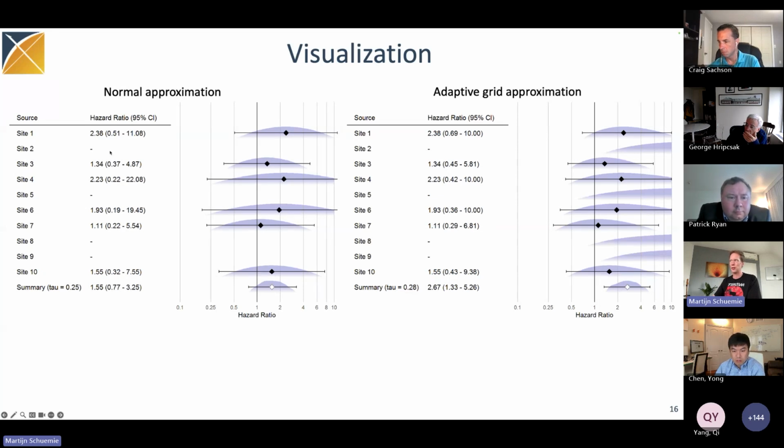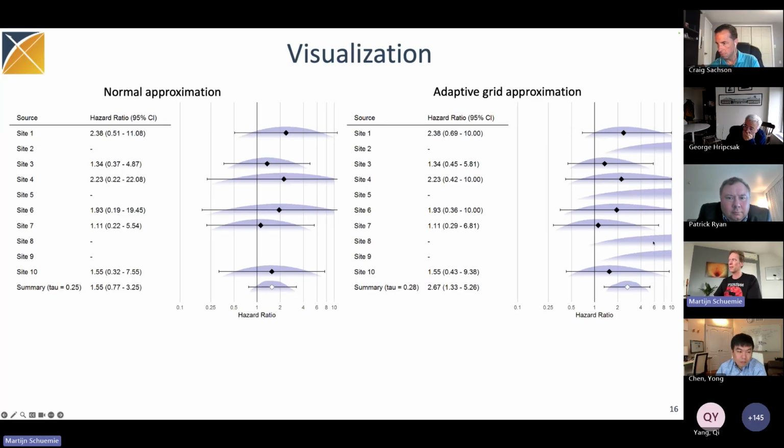Some sites we actually don't have non-zero counts in every arm, so we might get no estimate, even though there might be data. And then we summarize that and we get a result. But now if we use this approach of adaptive grids or likelihood curves, we actually see that some of these sites, even though they had a zero count and we couldn't produce a hazard ratio estimate, there's still information there.